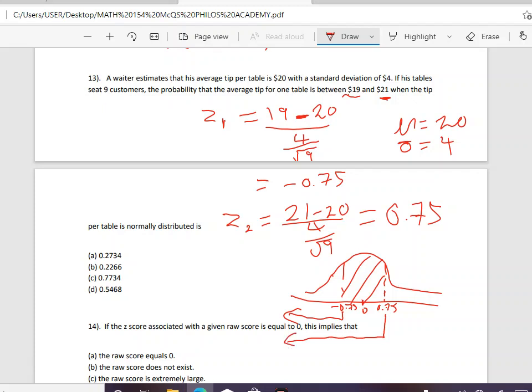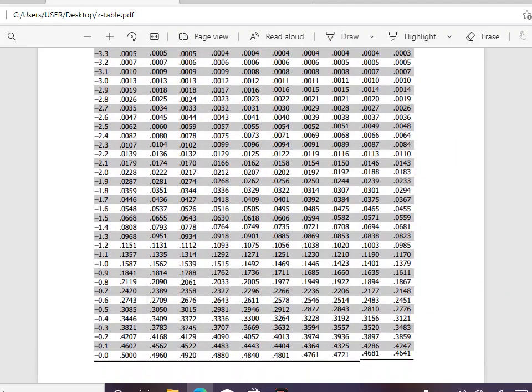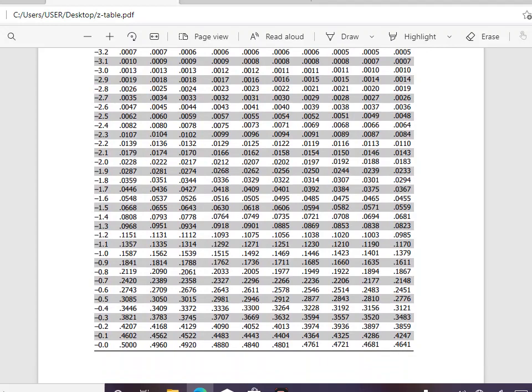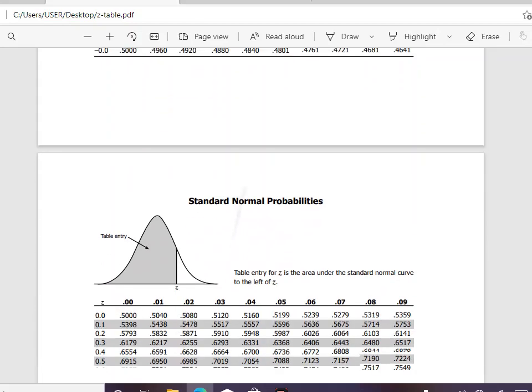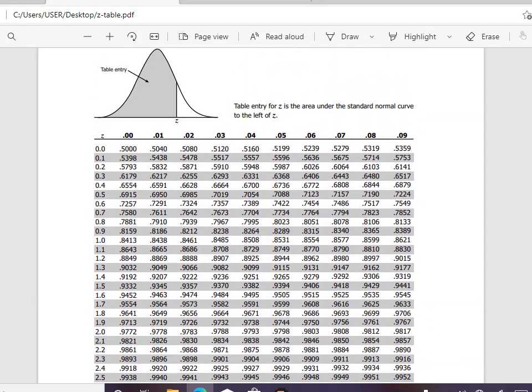Then you find the difference. So negative 0.75 to the left gives you 0.2266, right? Then positive 0.75 to the left gives you 0.7734.